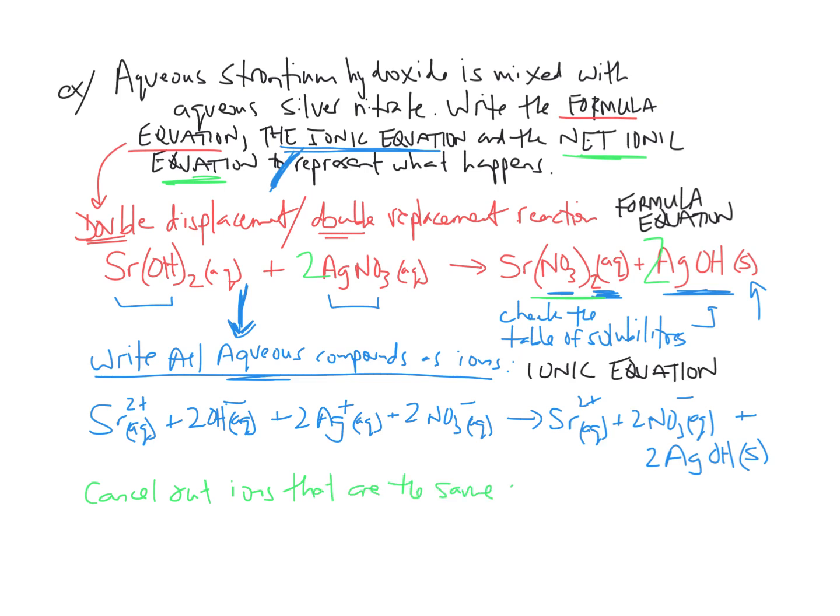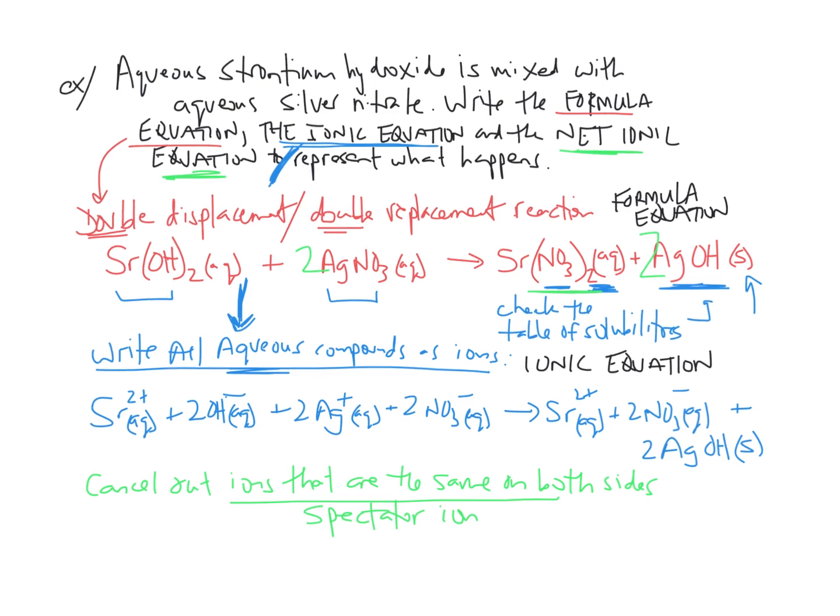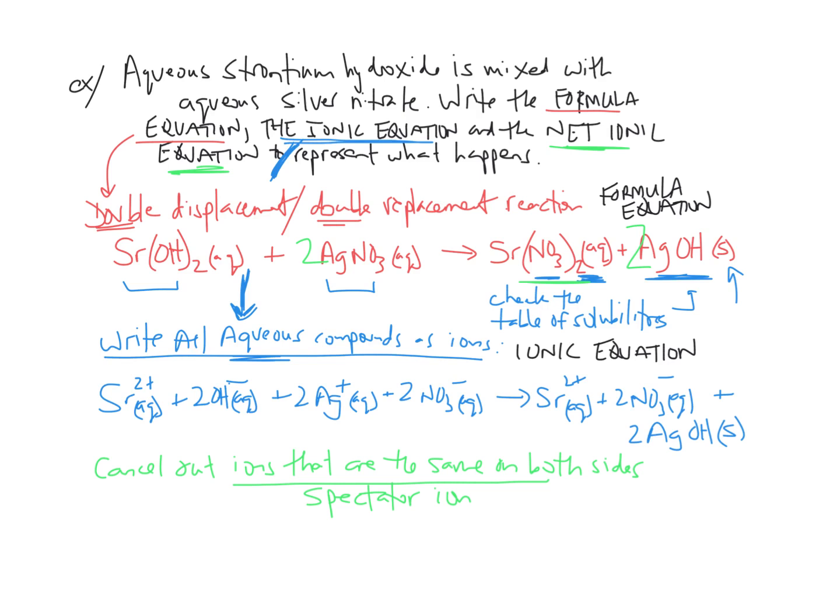These are actually referred to as spectator ions. A spectator ion doesn't really participate in a chemical reaction. So if you look at this, I'm going to cross these out in green, and we're going to get to the net ionic equation here.